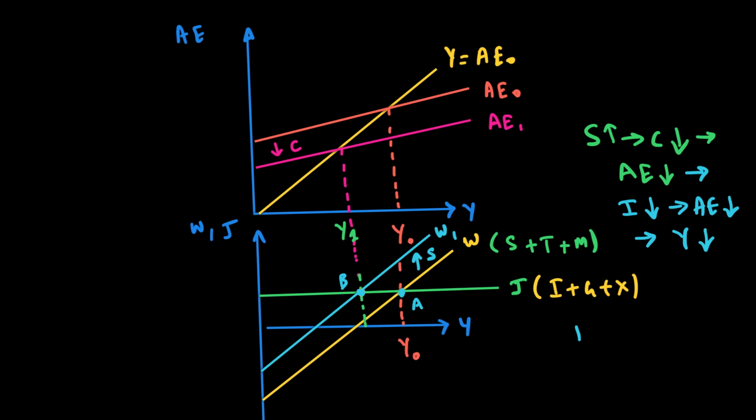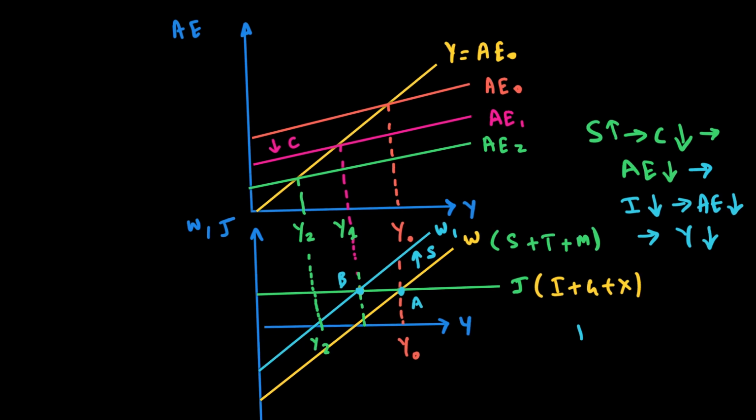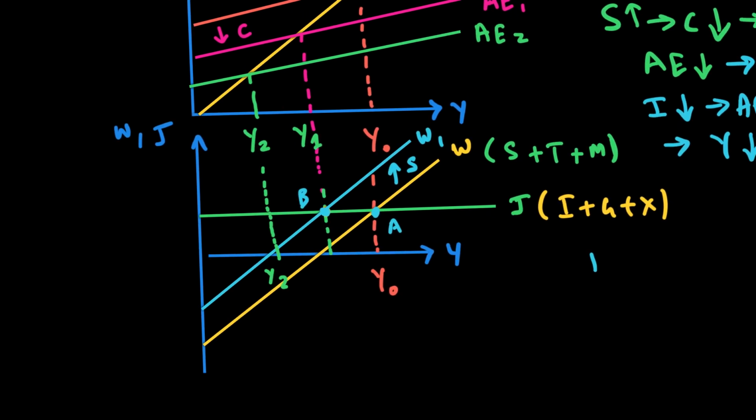So there will be again a fall in AE from AE1 to, for example, AE2, and this is Y2. Our GDP has fallen all the way because now the injections have gone down. So I will make my new function here where my current GDP is going to be at Y2, primarily because now my injections have gone down, because this is a fall in investment.